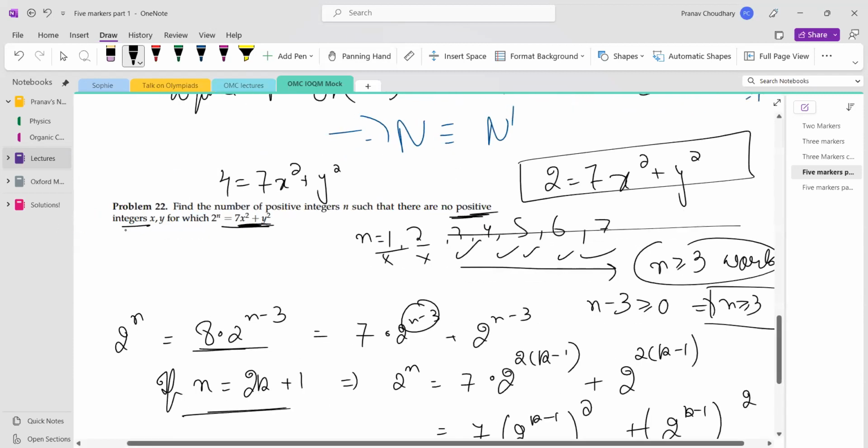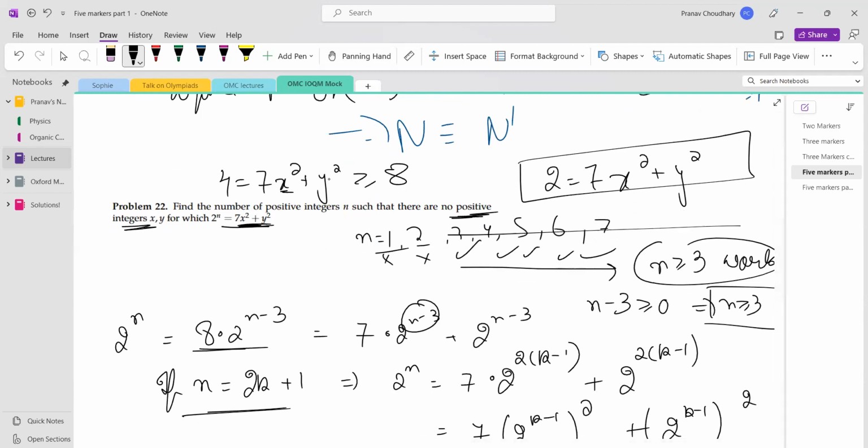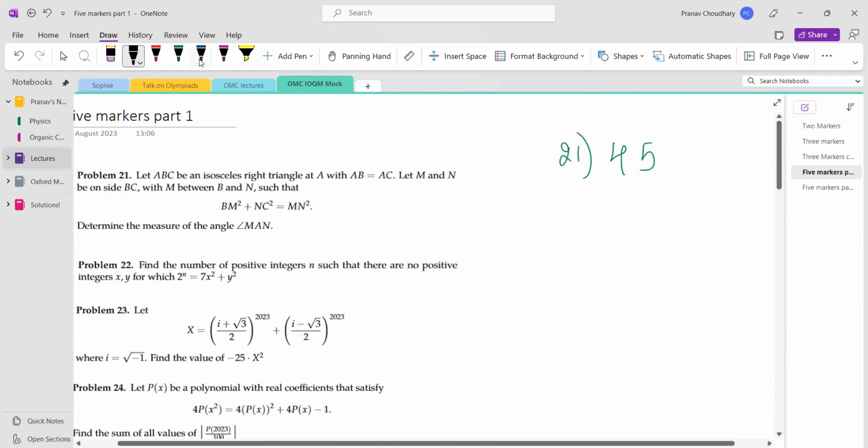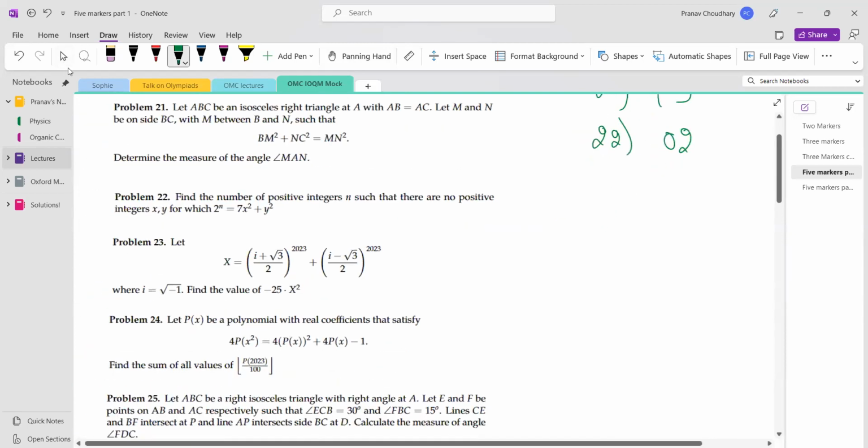There should be positive integers, so this is at least 8, and the same argument follows here. So no solution. For 1 and 2, there is no solution. So that is what we wanted, right? The number of such numbers is 2. So the answer to this problem is 2. Let's move on to problem number 23.